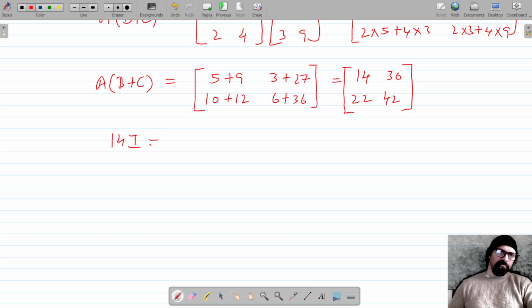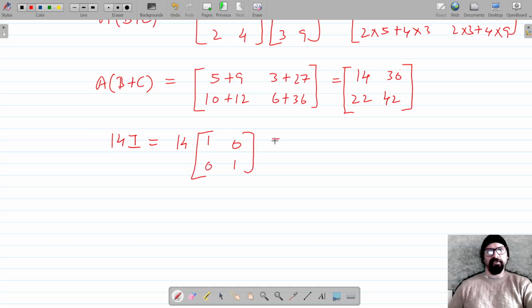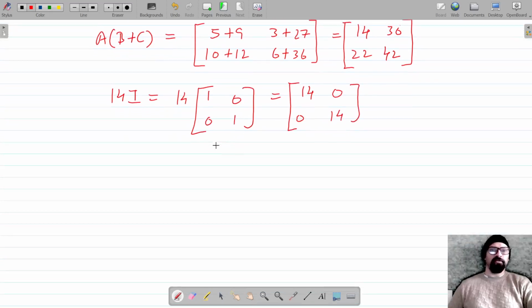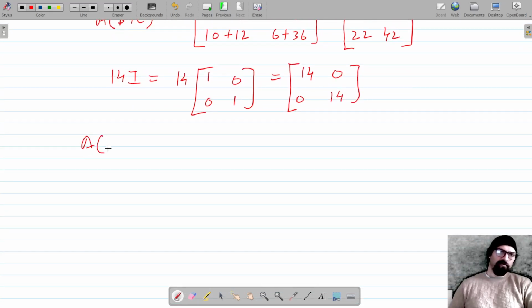So 14 into I means it's the identity matrix of order 2, and the identity matrix of order 2 is 1, 0, 0, 1. So that is equal to 14, 0, 0 and 14. The next is, so that means this is A into B plus C minus 14I.